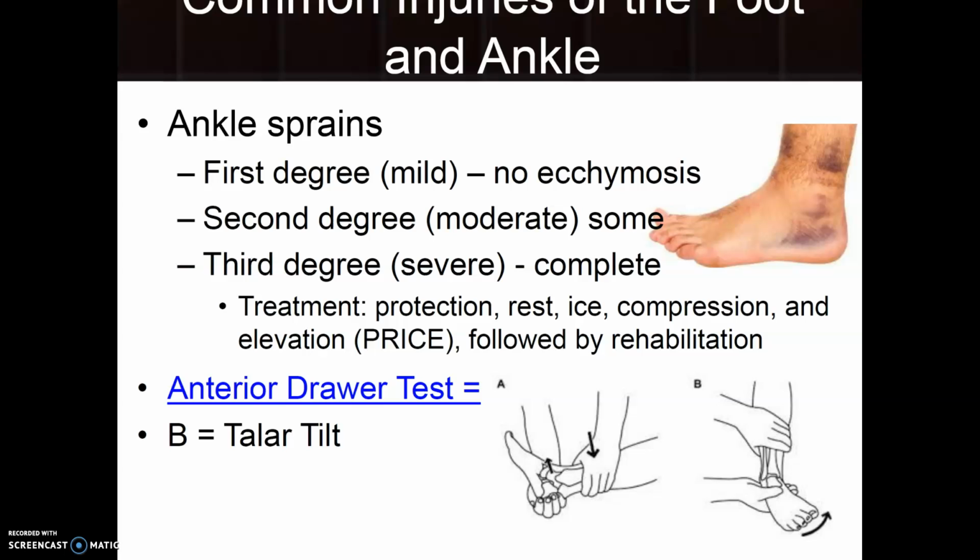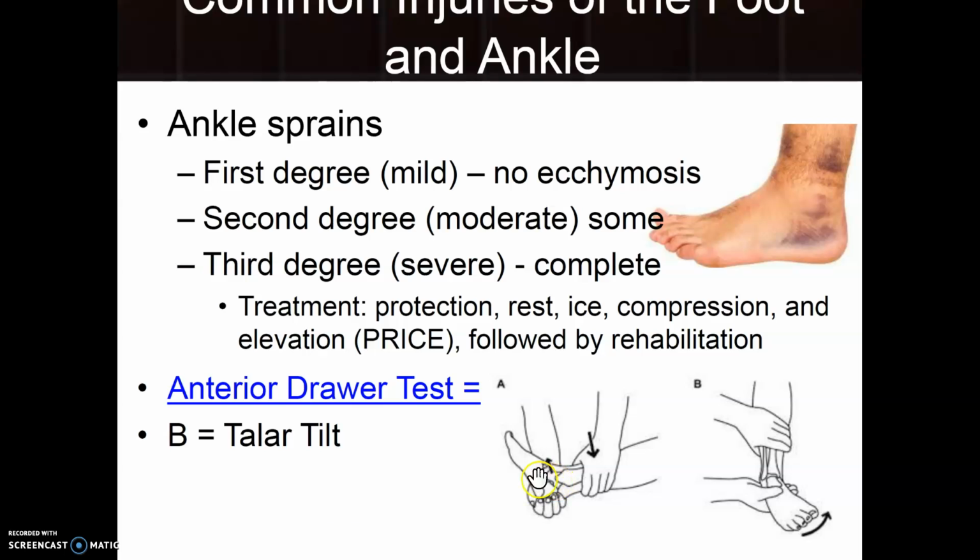So now we're going to move into the special tests involved in identifying whether or not there is some ligamentous laxity. Down here, the illustration shows the clinician's hand placement at the distal end of the lower extremity, holding on and supporting the lower extremity, while the other hand is used to draw the foot complex forward.